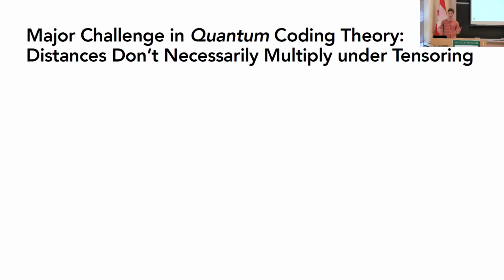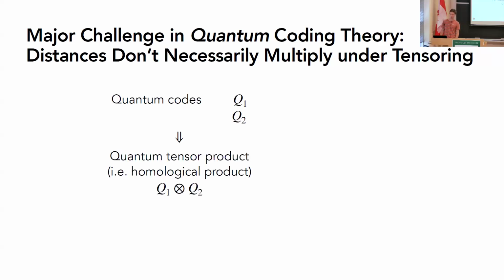So it turns out that when we try to get a quantum analog of this construction, something goes wrong almost immediately. What goes wrong is that the distances don't necessarily multiply when we tensor. If we have two quantum codes, Q1 and Q2, we can take a quantum tensor product, or homological product, of these. I'll define this later.